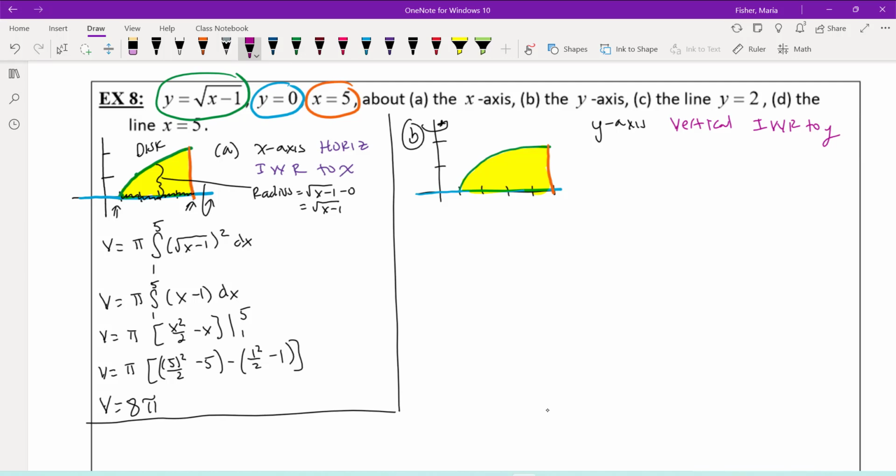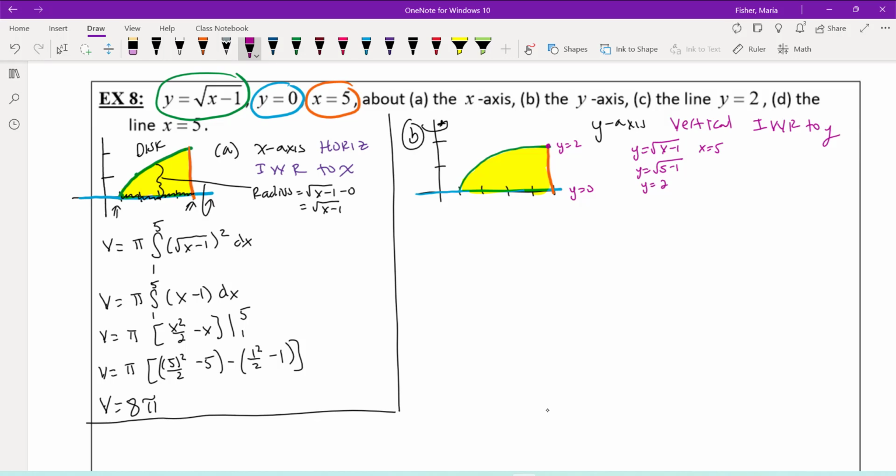Well, can I see the limits of integration in y? Well, I definitely see y equals 0 here. But the other one is wherever the green and the orange intersect. If I have y equals the square root of x minus 1 and x equal 5, well, the square root of 5 minus 1 is going to be the square root of 4 or 2, so I can definitely see that's y equal 2. So I have my limits of integration.